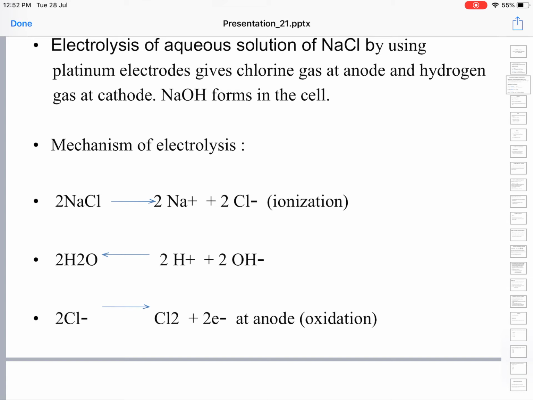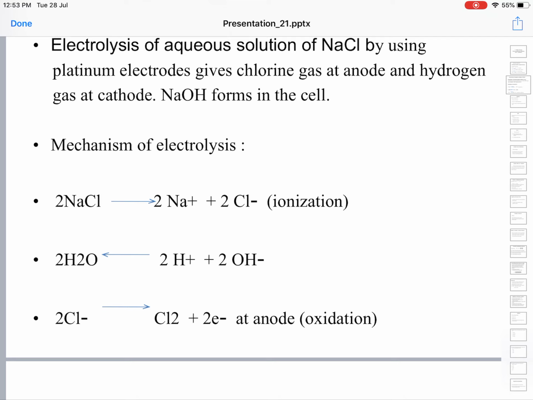Likewise, chloride ions and hydroxyl ions both go to the positively charged anode, and they compete between themselves to discharge and become elements. So which will win the race?